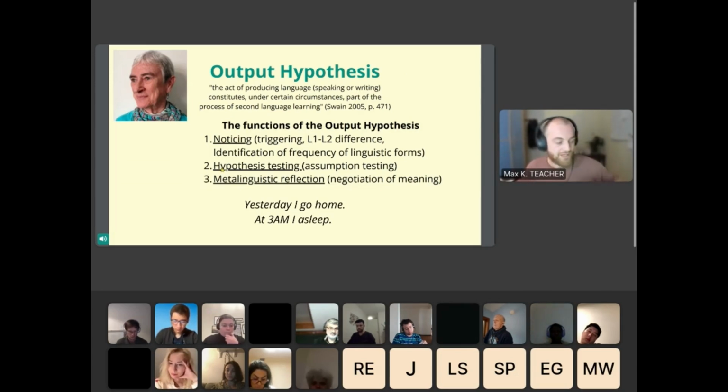And the second one, hypothesis testing. These are three functions, by the way, three parts of the same hypothesis, right? So one, we notice the gaps in our knowledge. Two, we have some ideas, some assumptions about the language of Dutch, and we say it in the way we think is nice, but actually we see that's not correct. So for example, in English, we have a lot of words that are very similar to Dutch, but not all of them.